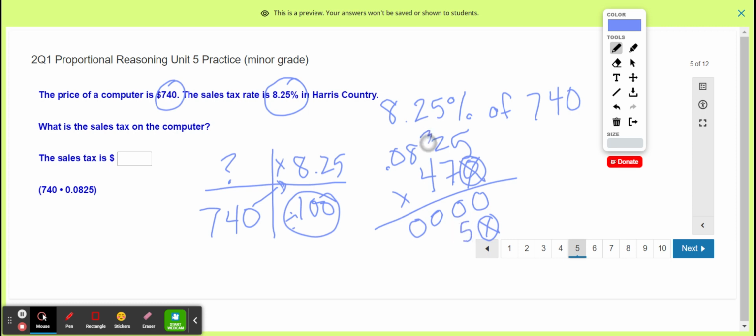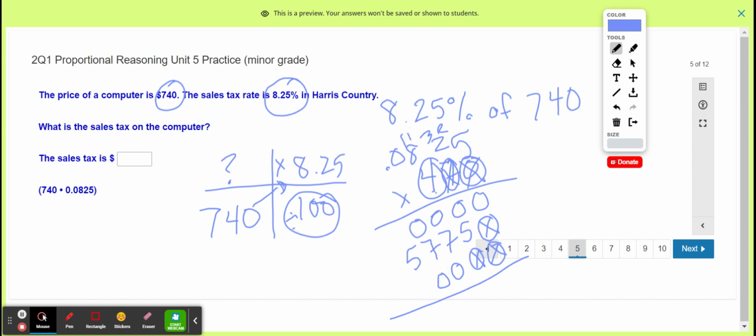7 times 5 is 35. 7 times 2 is 14, plus 3 is 17. 7 times 8 is 56, plus 1 is 57. When you're done multiplying the second digit, then we cross out 2 spots down below. And now 4 times 5 is 20. 4 times 2 is 8, plus 2 is 10.